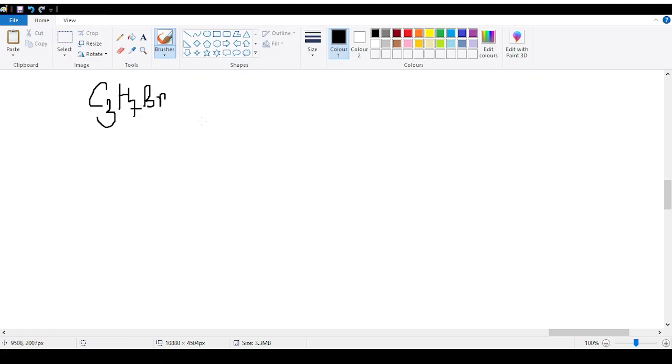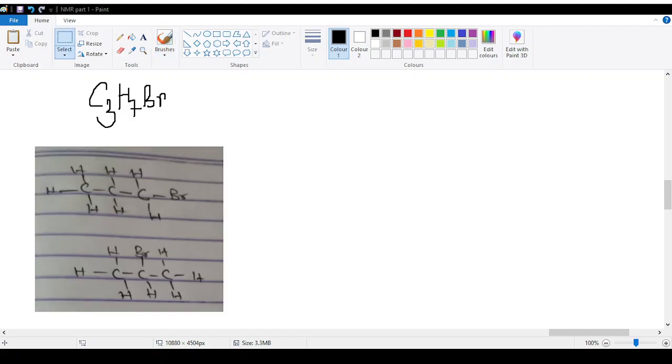What I want you to do is, in your copy, try to draw two possible isomers of this structure. If I try to do NMR spectroscopy for both of them, what differences can you expect in the NMR spectrum? For example, number of peaks or number of signals. Can you figure out whether they will be different or the same?